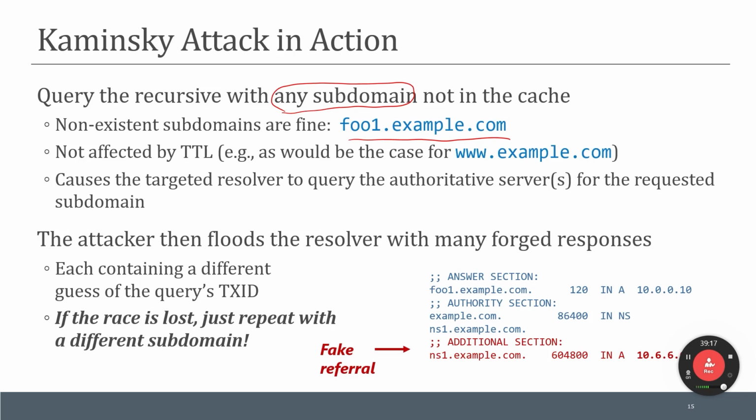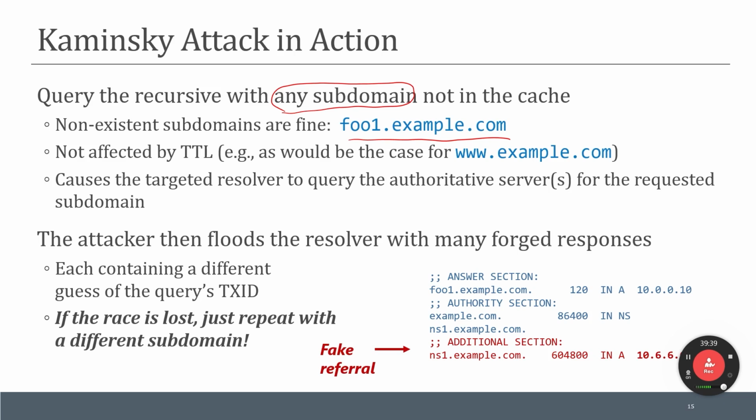Non-existent subdomains are fine. If the name server cannot find this information in the cache, the recursive name server will ask about this domain to example.com, or recursively from the root server, right?